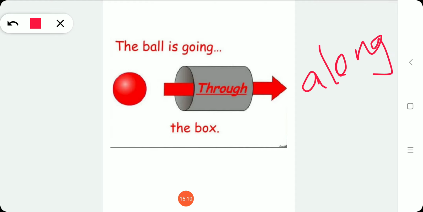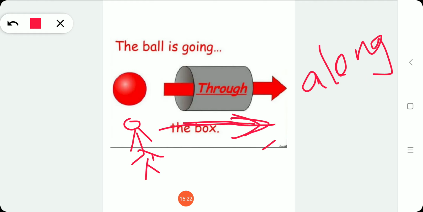But along means going along with. Suppose they are putting the arrow mark here, and if a man is walking, what can we say? The man is walking along the box, we can say. Instead, since it is going through, what do we say? The ball is passing through the box. Inside it, through it. Here, along means going together with it.